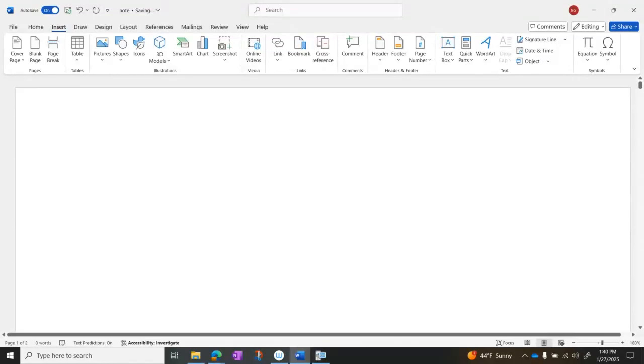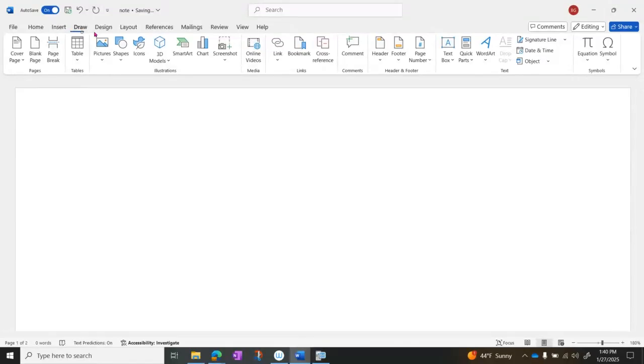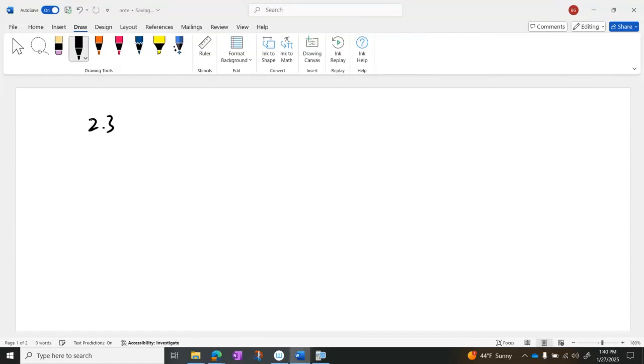All right. 2.3, we are talking about Venn diagrams and the operations of sets.